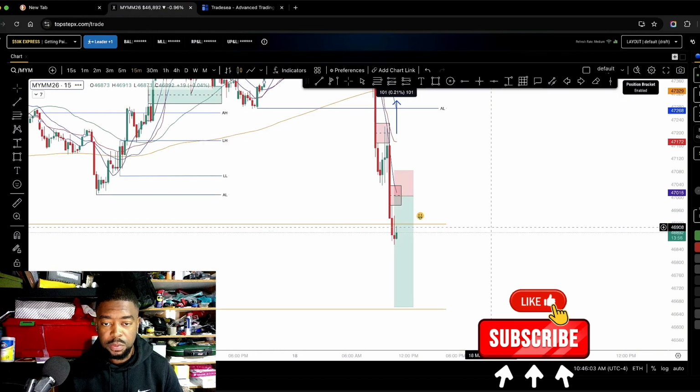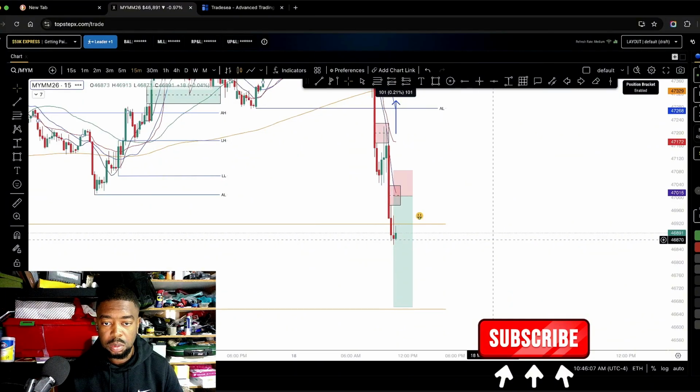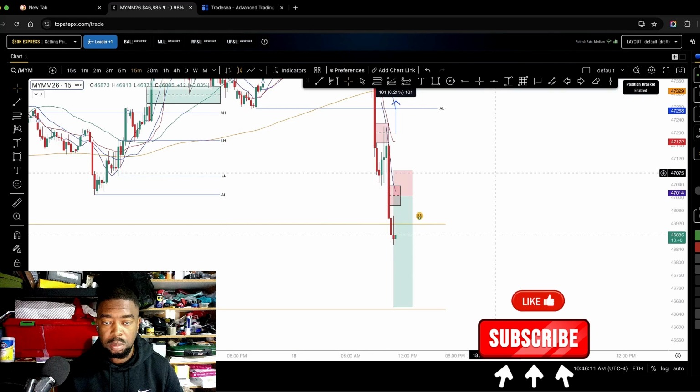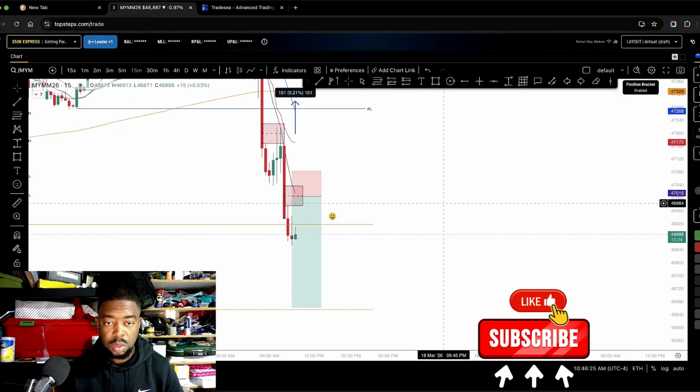We got a 15-minute close below it. Actually, we got the 15-minute imbalance up here from this big gap. So we can still possibly go right back up in there.